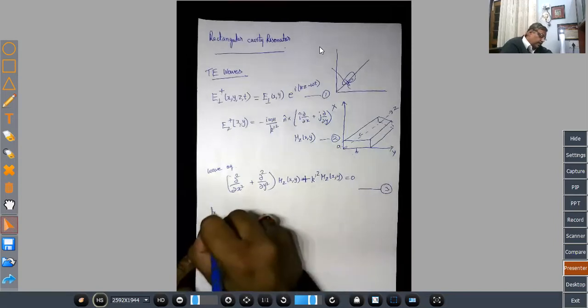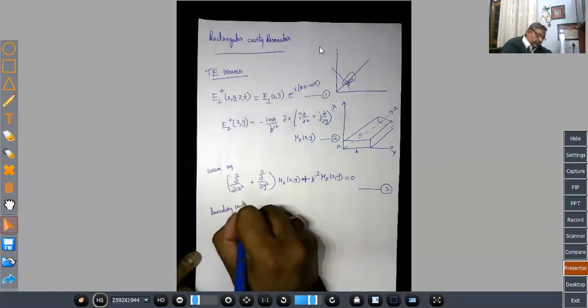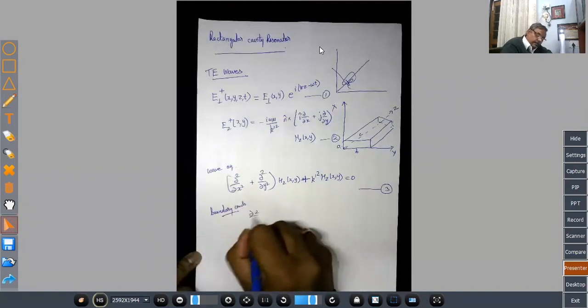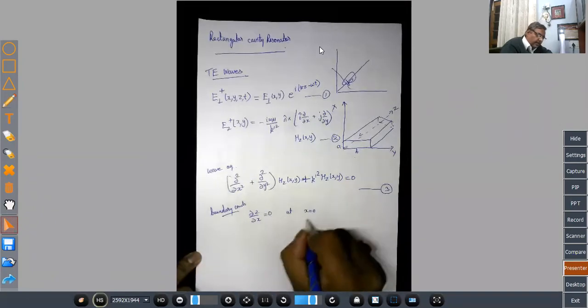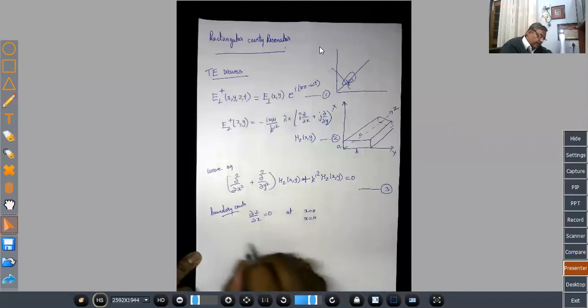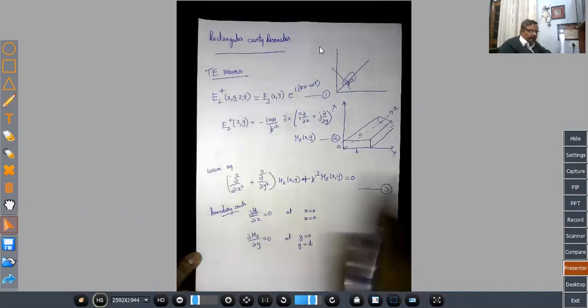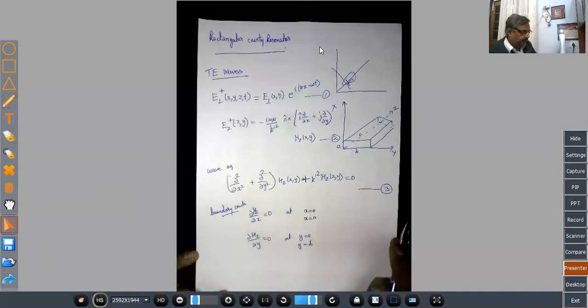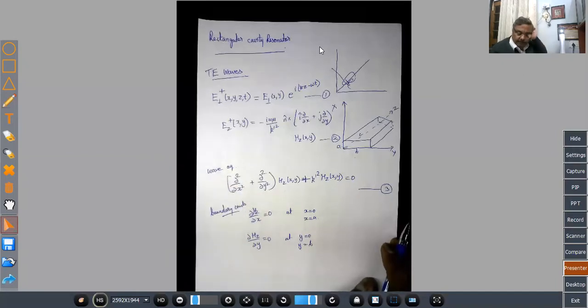And the boundary conditions are x is equal to 0 and x is equal to a, y is equal to 0 and y is equal to b. At both the boundaries, del Hz is 0.